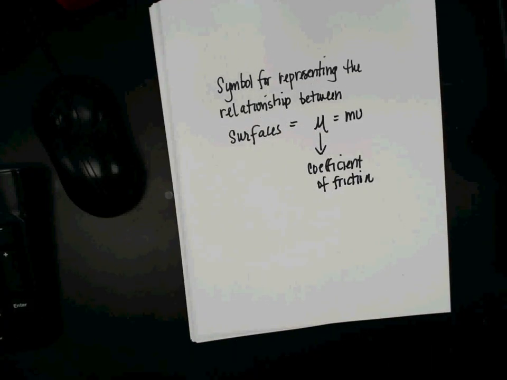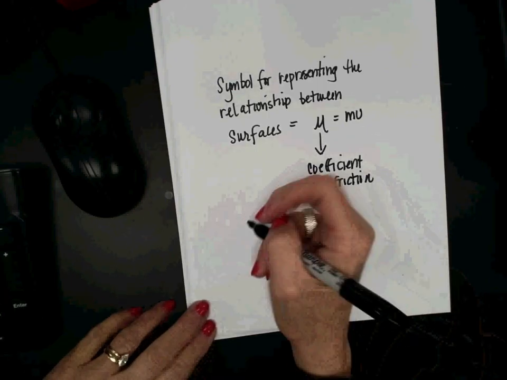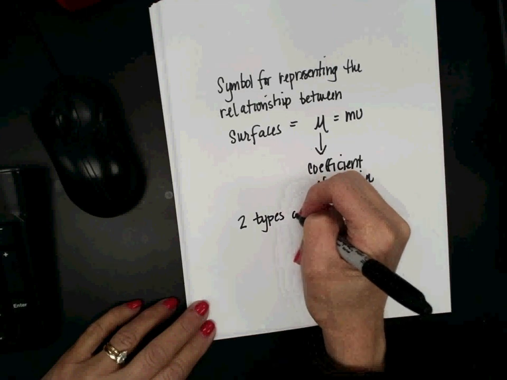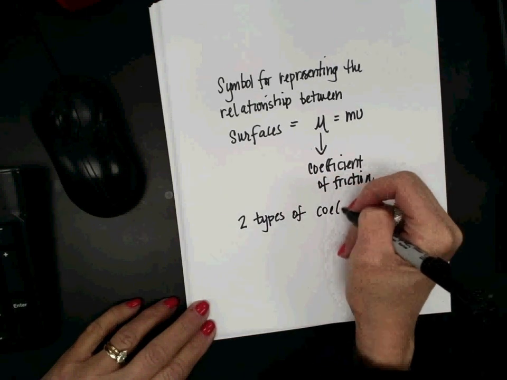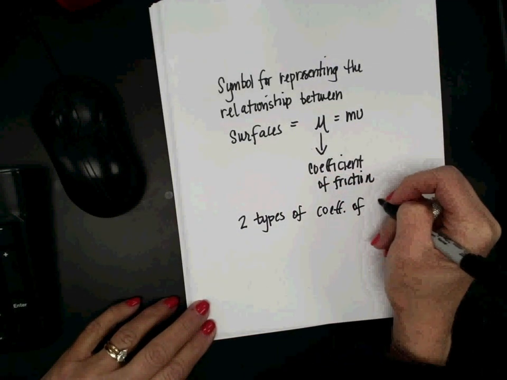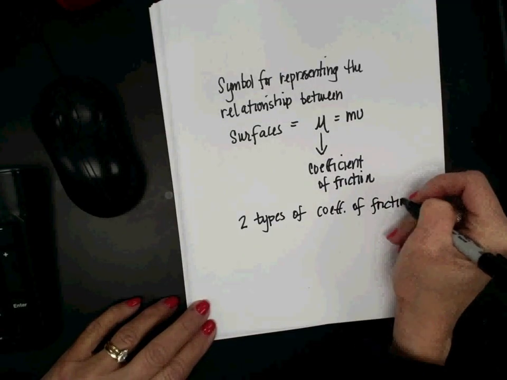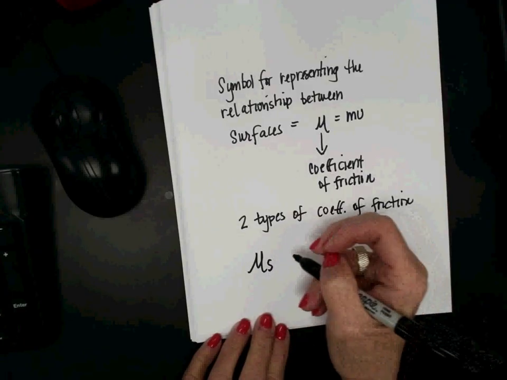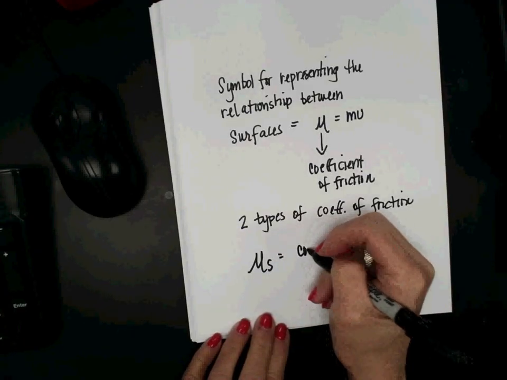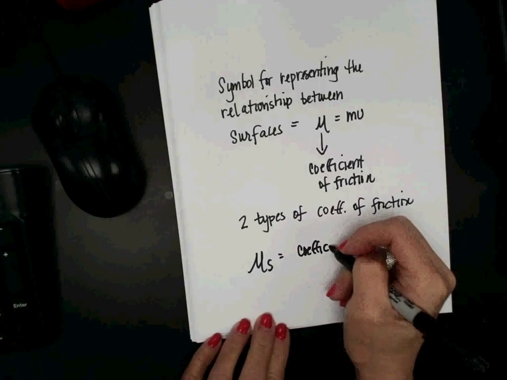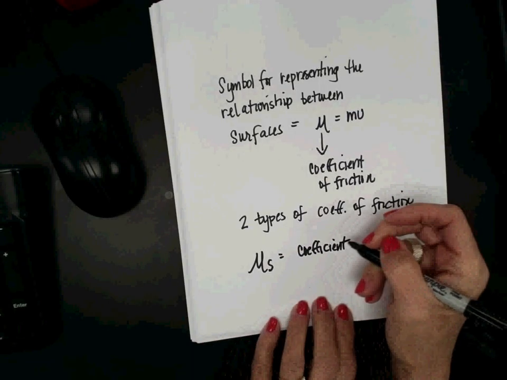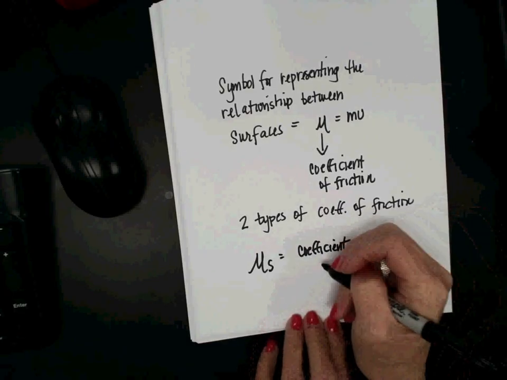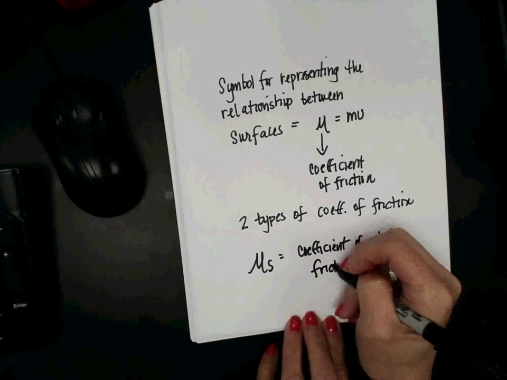Now, we talked briefly about coefficients of friction on Friday, and we made our list of various different types of surfaces that might come up in problems. There are two types of coefficients of friction. The first one is mu sub s, and this is the coefficient of static friction.